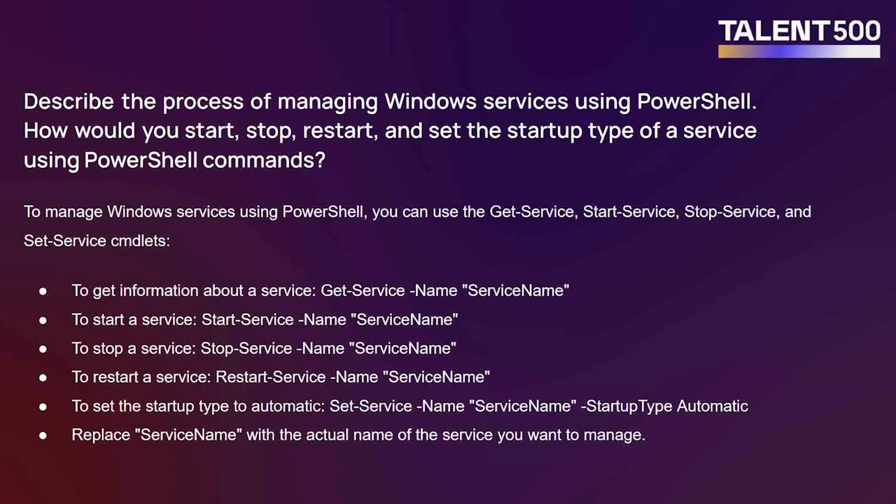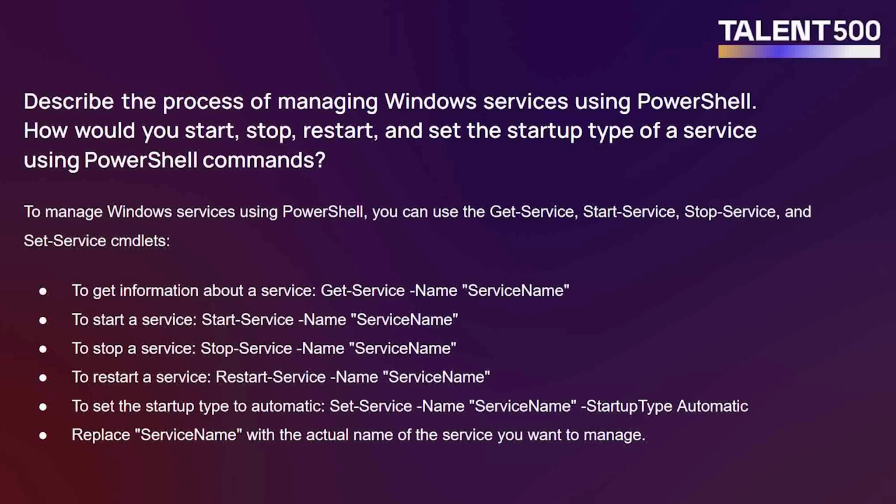To manage Windows services using PowerShell, you can use the Get-Service, Start-Service, Stop-Service, and Set-Service cmdlets. To get information about the service, use Get-Service -Name and then the service name. To start a service, Start-Service -Name and then the service name. Similarly, for stopping a service, Stop-Service -Name and the name of that service.